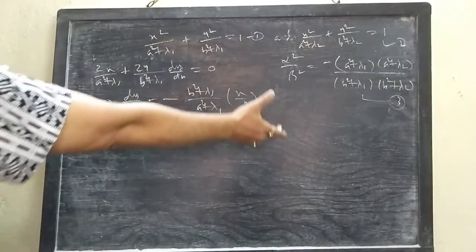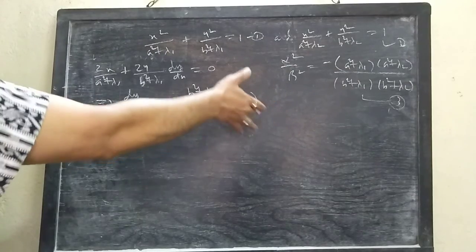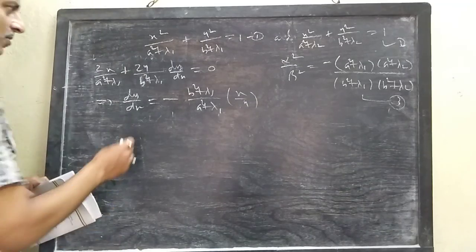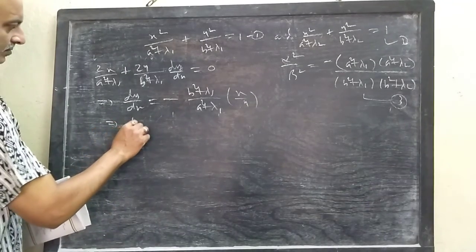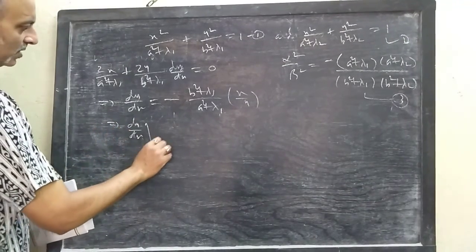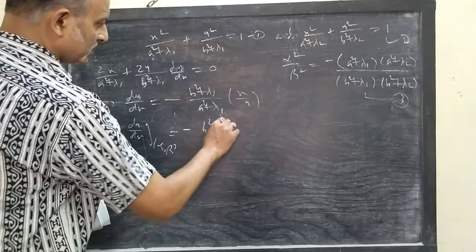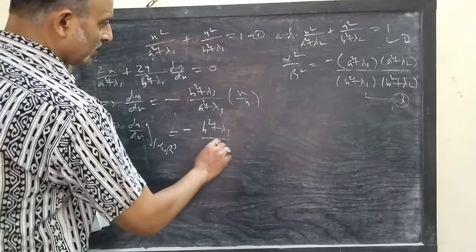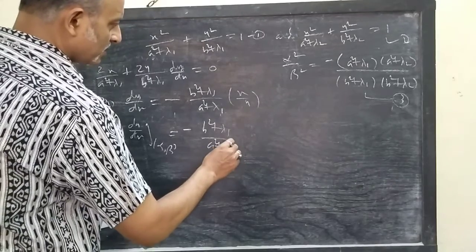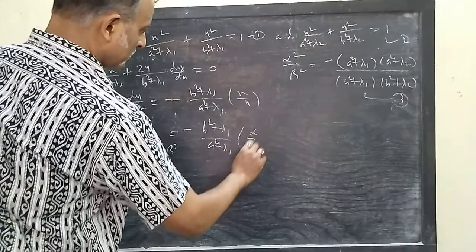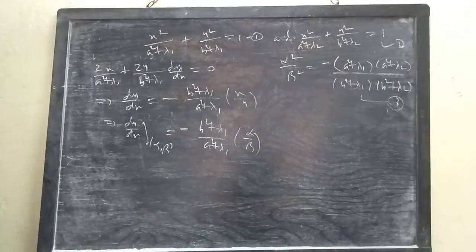Therefore, dy dx at their point of intersection alpha beta will be minus b square plus lambda 1 by a square plus lambda 1 into alpha by beta.